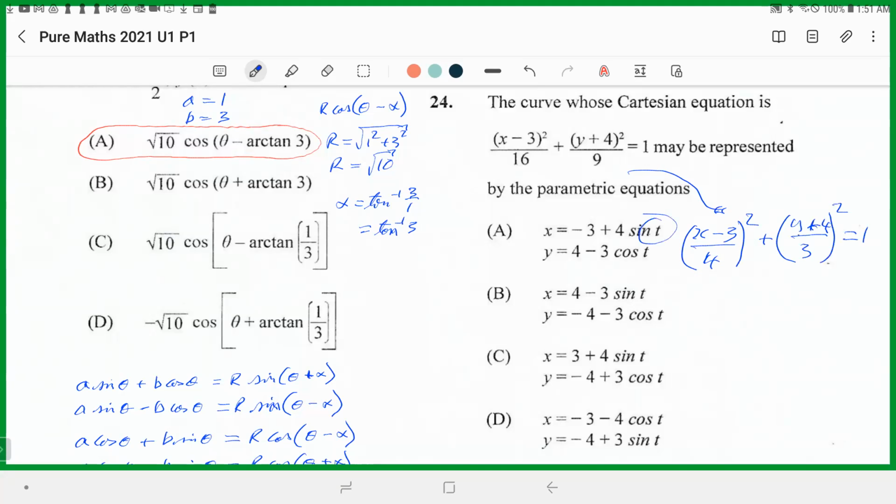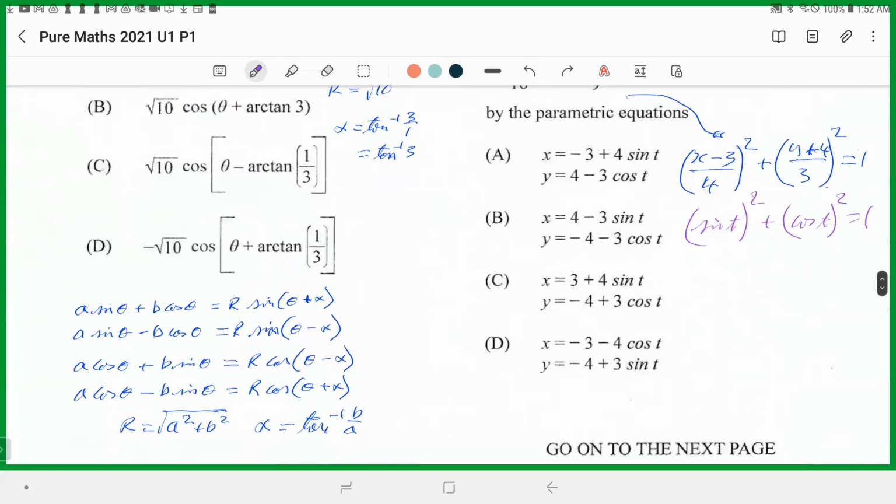The parameter is t, so it's sin t and cos t. If we're going to make this equal sin t, let's go for the purple. We can say sin t squared plus cos t squared is equal to 1. So we say this inside there is sin t, and this inside there we're going to make cos t, for it to be true.